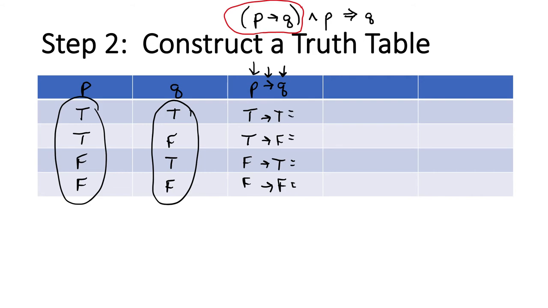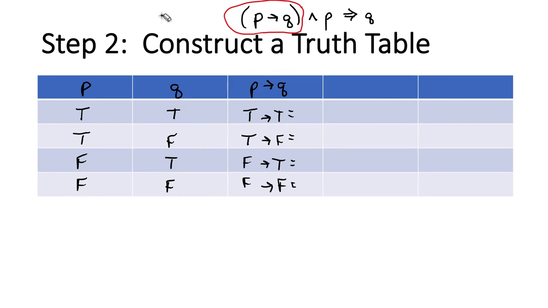All right, and now we need answers for those 4. So I know that on my if-then table, the only way that this is false is this case right here. The other 3 cases are true. All right, so that takes care of the P arrow Q. So this part is done.